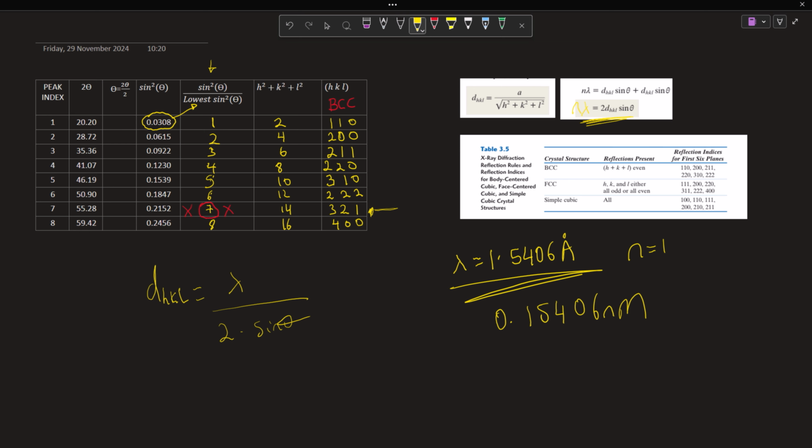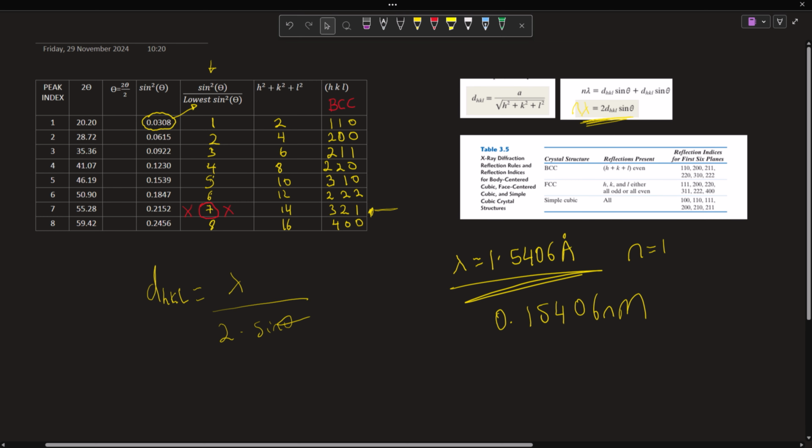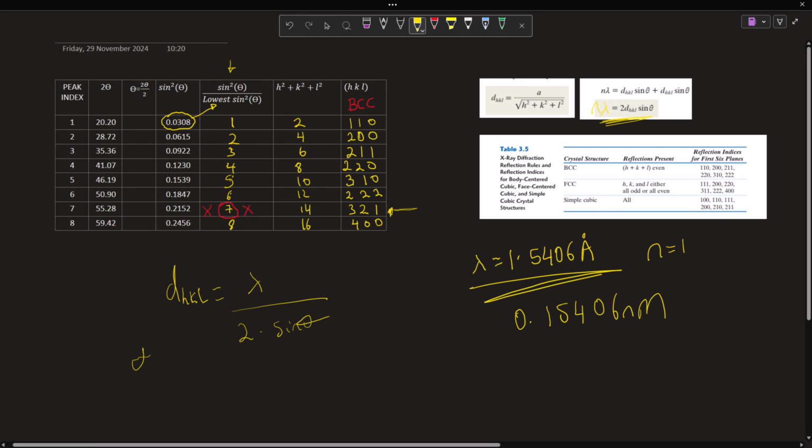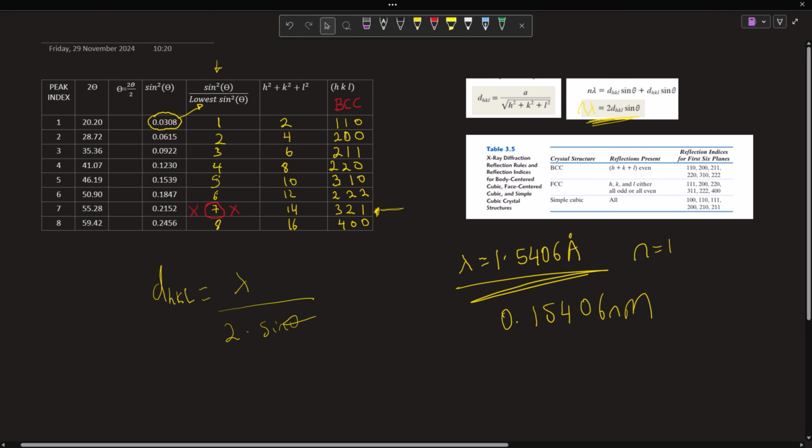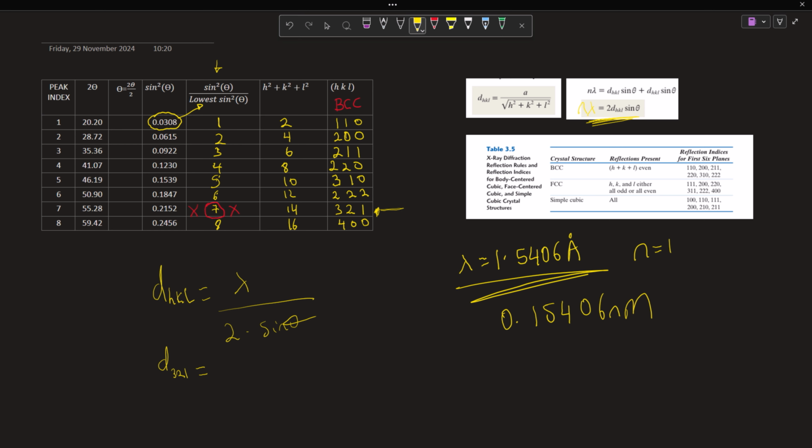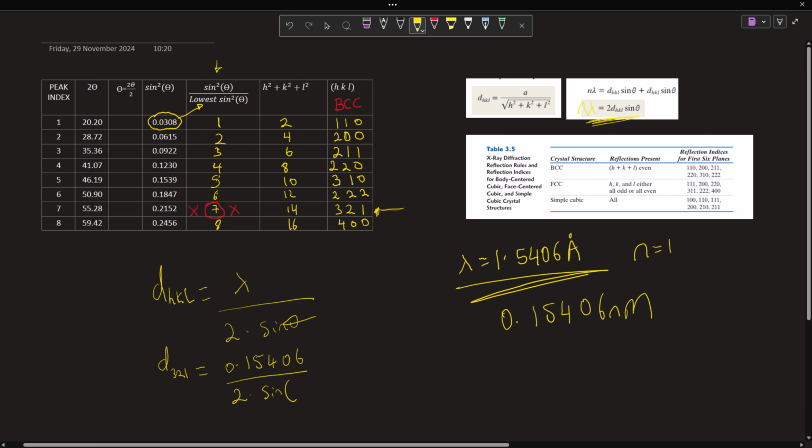So we are picking D321. D321 is equal to our wavelength in nanometer, 0.15406, over 2 times sine theta. Remember, this is sine theta, not sine square theta.